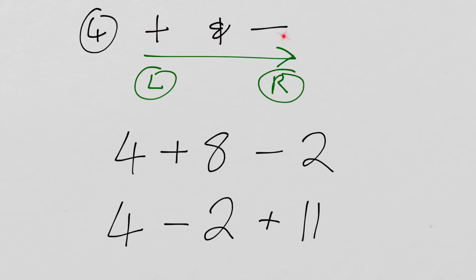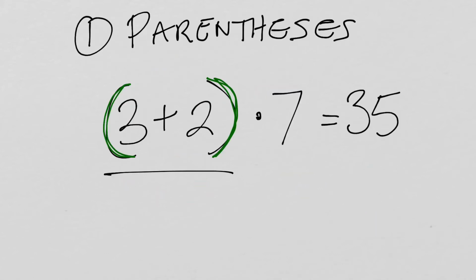And again, they're the same step. They're step 4 from left to right. So 4 plus 8 is 12, minus 2 is 10. And in the one below, we're going to hit a subtraction first, and then the addition. So 4 minus 2, which is 2, plus 11 equals 13.